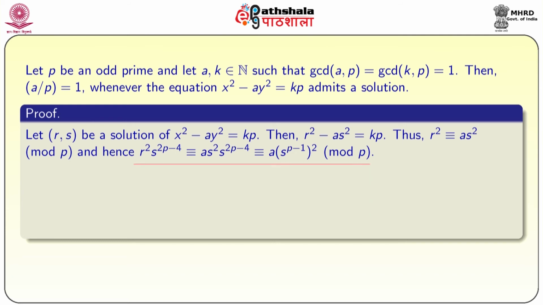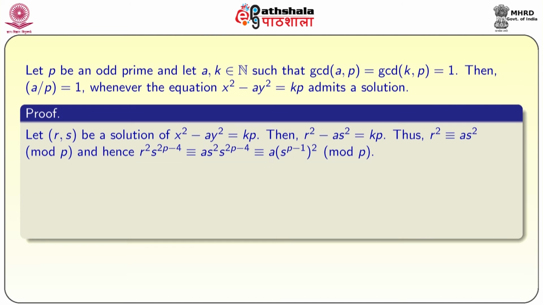Hence r square times s power 2p minus 4 is congruent to a times s square times s power 2p minus 4. That means we just multiplied both sides by s power 2p minus 4, which is equal to a times (s power p minus 1) whole square modulo p.